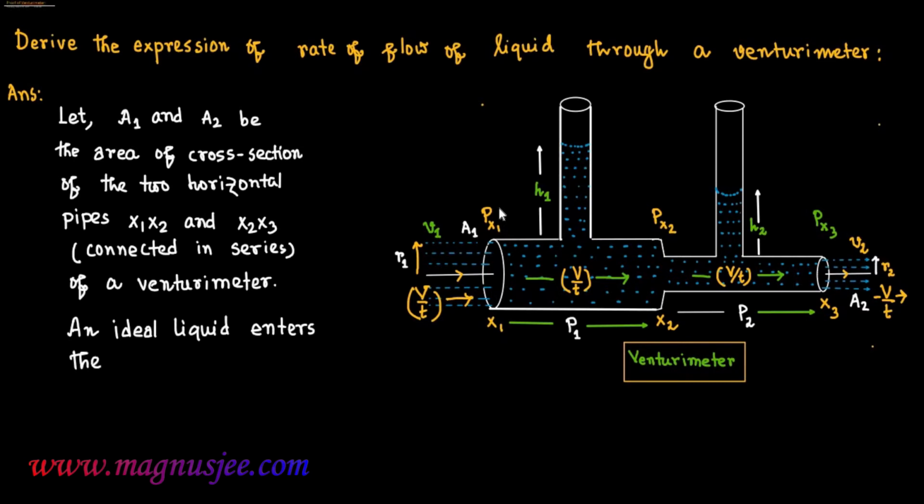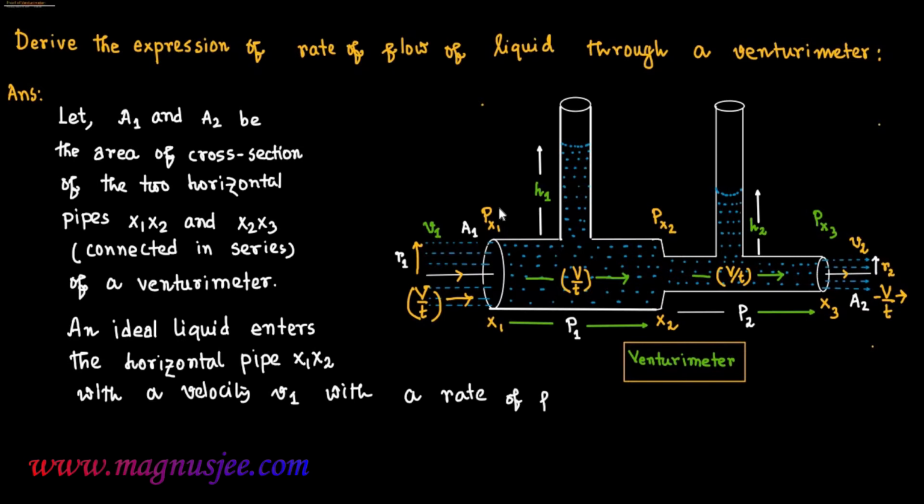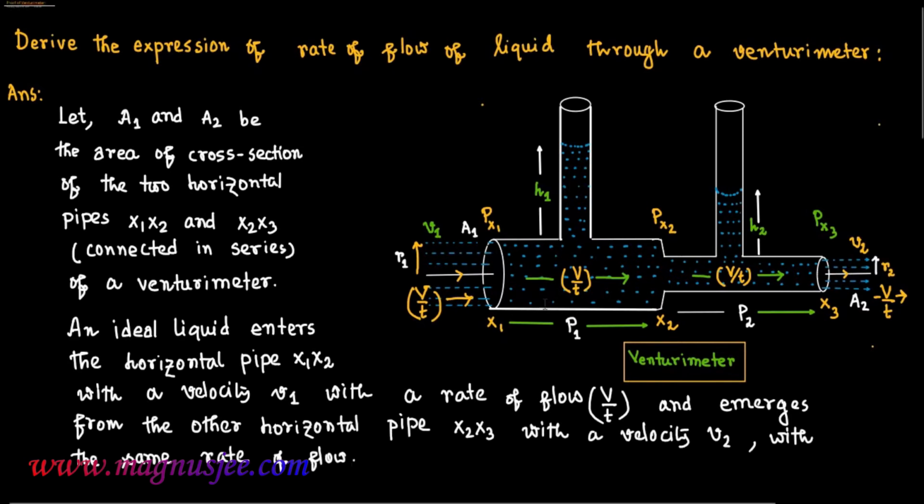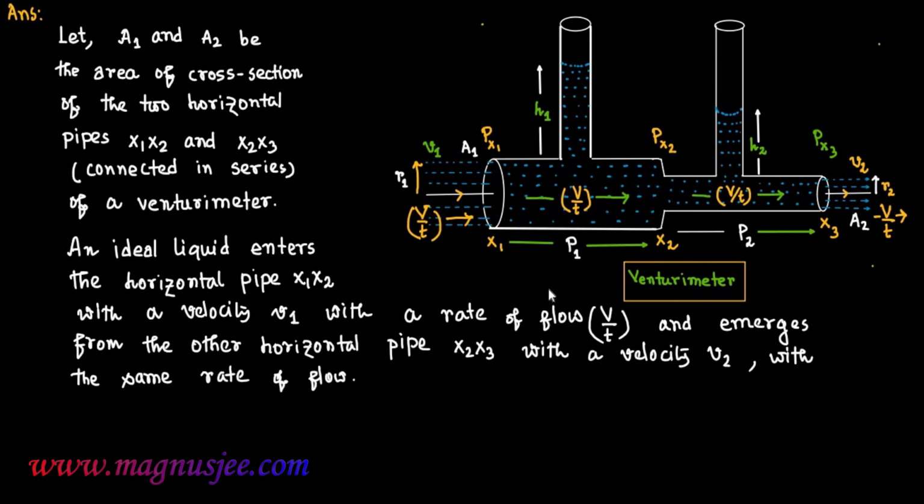An ideal liquid enters the horizontal pipe X1X2 with a velocity V1 with a rate of flow V by T, and emerges from the other horizontal pipe X2X3 with a different velocity V2 but with the same rate of flow of liquid.